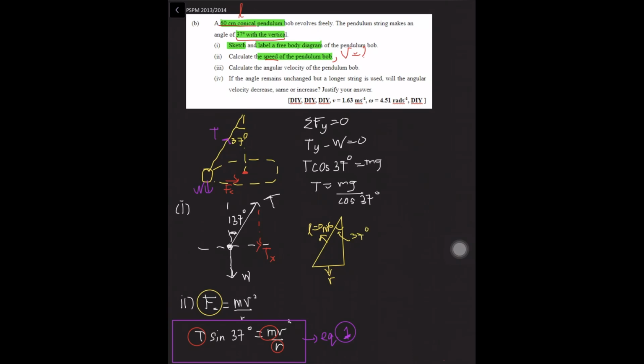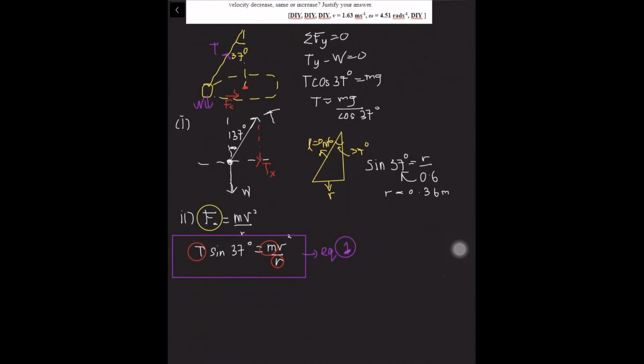From sine, sine 37 degrees will be equal to r over 0.6. So by multiplying 0.6 with sine 37, we get r equal to 0.36 meters. So we substitute the value of tension and also the radius into equation 1.